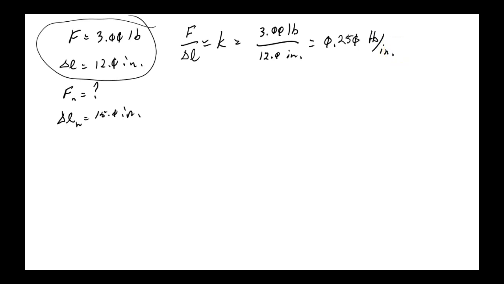That's the unit for your Hooke's constant. So now that we know that, same spring, so same Hooke's constant, as long as you haven't exceeded the elastic limit, and we'll assume we haven't, then we can come down here and find out the new force that stretches it the new amount. Same formula. F sub n over delta L sub n is equal to the same constant, K, which is 0.250 pounds per inch.